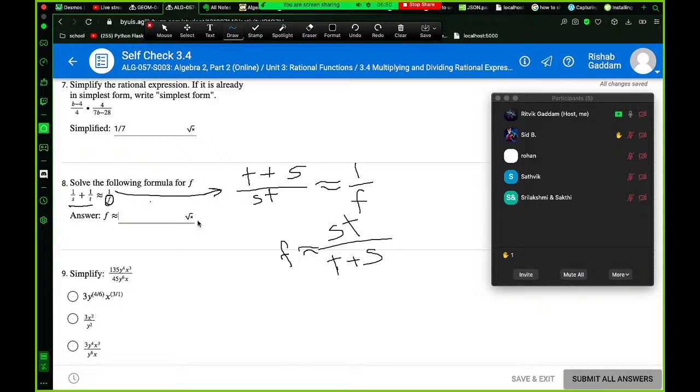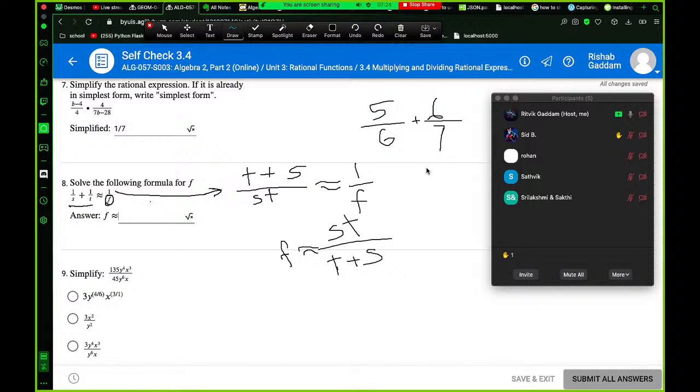So basically, what we're doing here is trying to solve for f, and since f is on the bottom, we're just going to leave it like that for now. First, we want to add these two, and to do that, we need to find a common denominator. In normal fractions, let's say we wanted to add 5 over 6 plus 6 over 7.